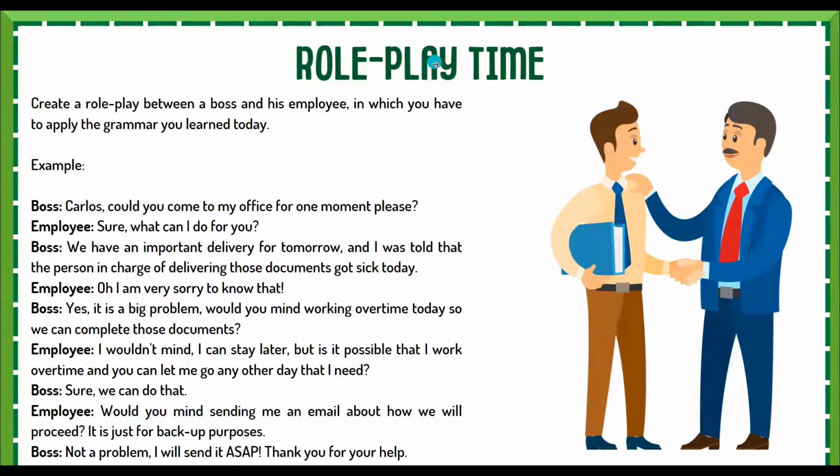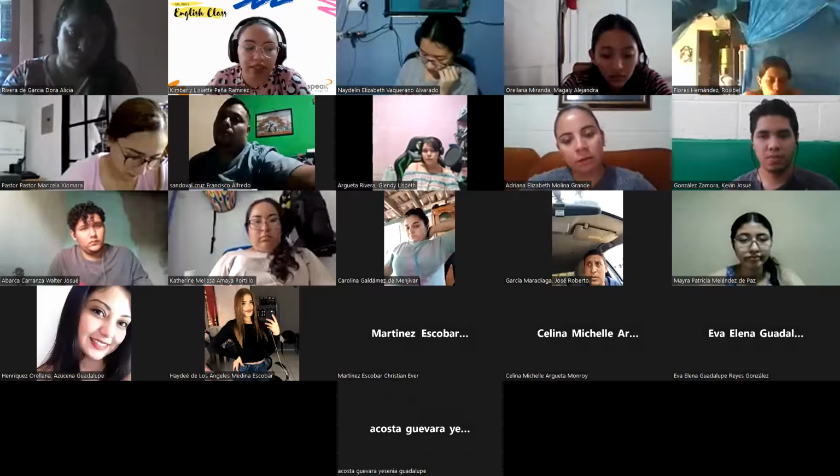So guys, I am going to send a picture of this script to the WhatsApp group. I sent the role play to the WhatsApp group. Role play, guys, means like a dramatization.